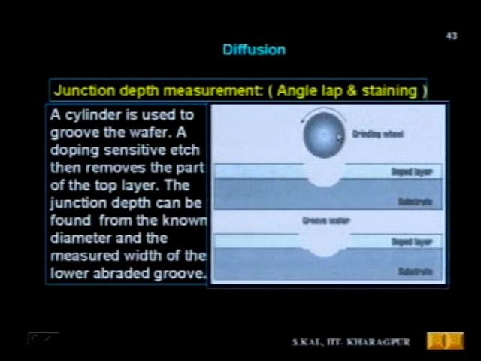Relations are available which relate the radius of curvature of this particular grinding wheel and this depth. If you find that, then you can easily find the junction depth of that diffused layer. So that is another version of the angle lap and staining method. In this way you can get an approximate value of the junction depth of the diffused layer.